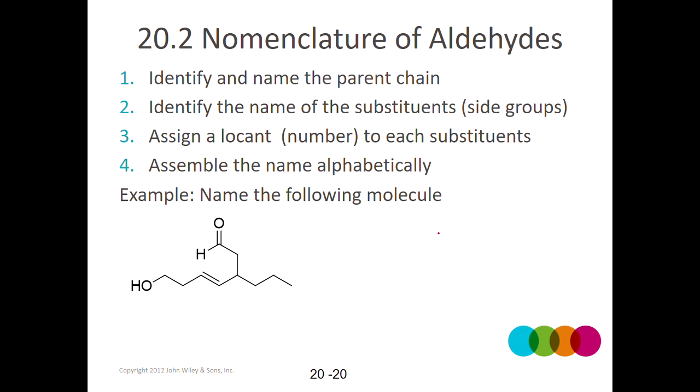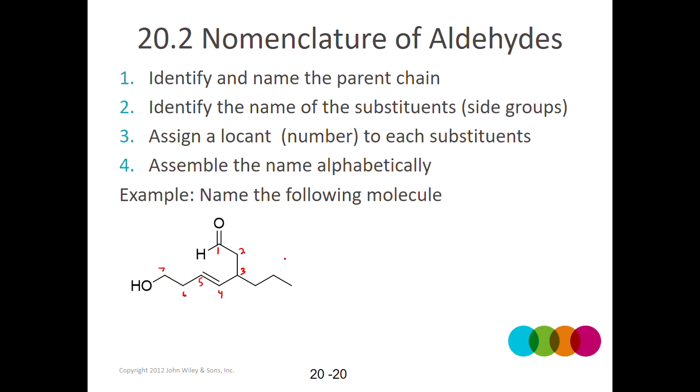So let's take a look at this as an example. It's got an aldehyde and a couple other functional groups. I would find the longest parent chain that includes the aldehyde and start with that as being my first carbon, and I would number to make the longest chain I can.